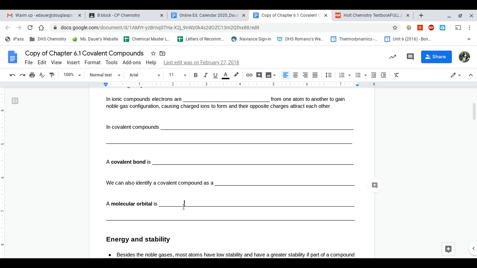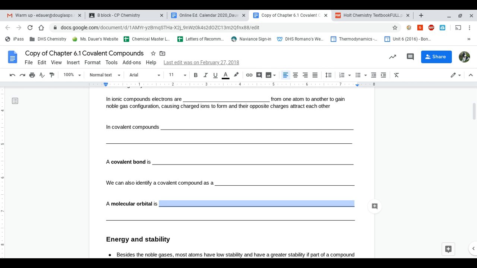Moving right along here, we have another vocab term, a molecular orbital. So molecular orbitals are super, super similar to atomic orbitals. Atomic orbitals, those S, P, D, and F, spherical, dumbbell-shaped, or we could also say hourglass-shaped, weird and weirder shaped orbitals.